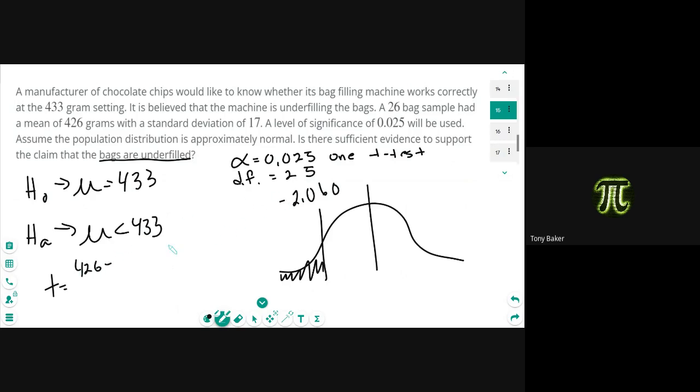Oh, sorry, it's negative 2.0. So negative 2.0 or 2.10.